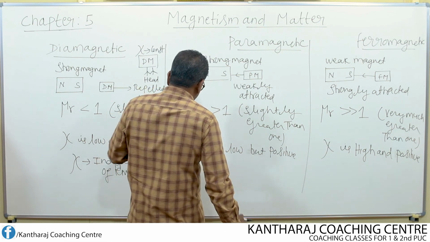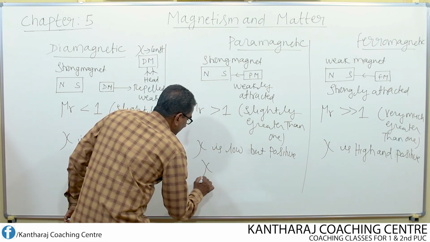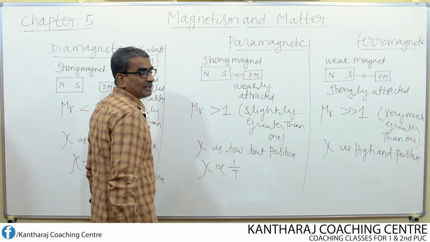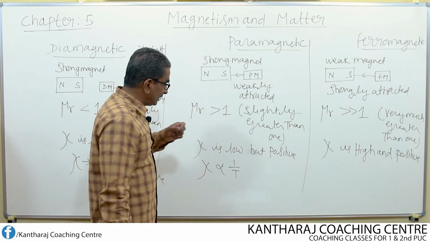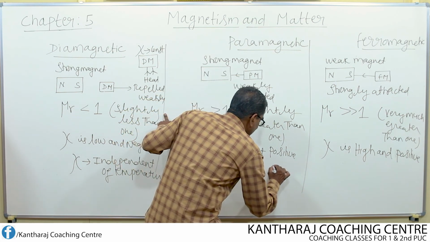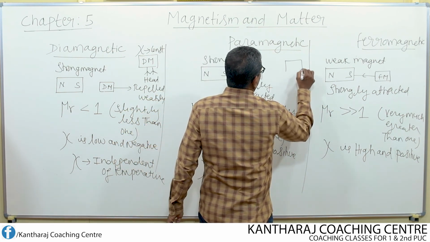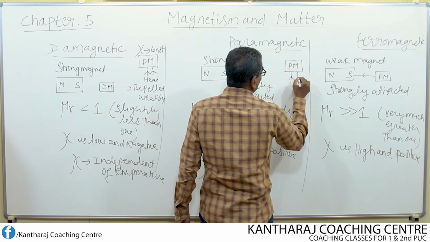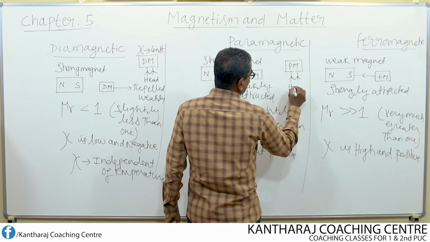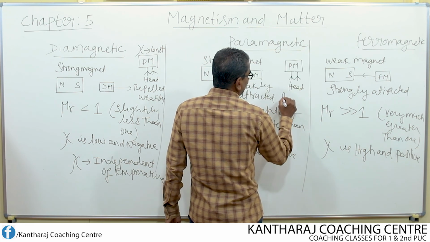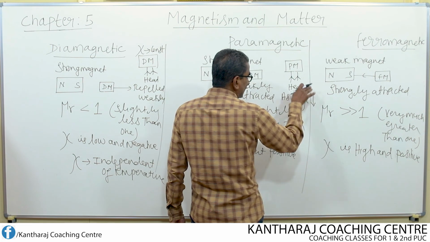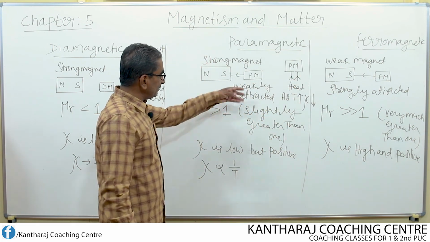Whereas in case of paramagnetic material, susceptibility is found to be inversely proportional to absolute temperature. What does it mean? Suppose you consider a paramagnetic material, if you heat this, then as temperature increases, its susceptibility goes on decreasing. So that is the meaning of this.